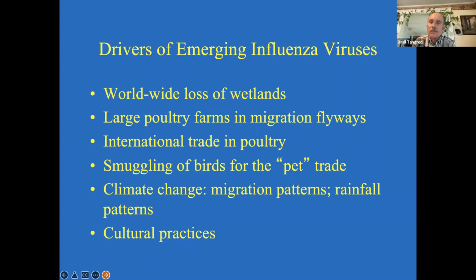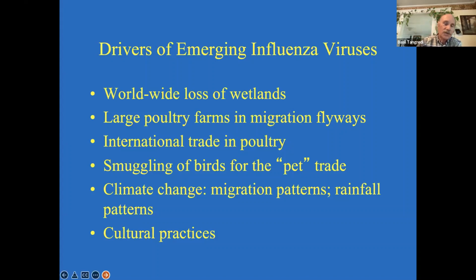And large poultry farms, that is the factory farms, are on these migration flyways. The international trade in poultry, as I mentioned, day-old chicks, but also sometimes there's trade in adult birds too. Smuggling of birds for the pet trade, that's another one. We see this with Newcastle disease as well.